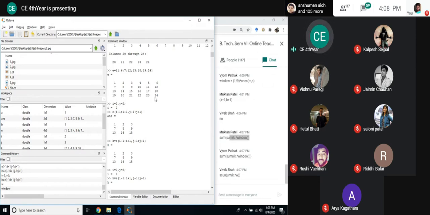So now, what is my question to you? Give me the entire code. How will you implement this filtering? I showed you how you can extract 3 cross 3: you can have ij, i minus 1 to i plus 1, j minus 1 to j plus 1. Here 1 is because it was 3 cross 3, so you can also have i minus a to i plus a.